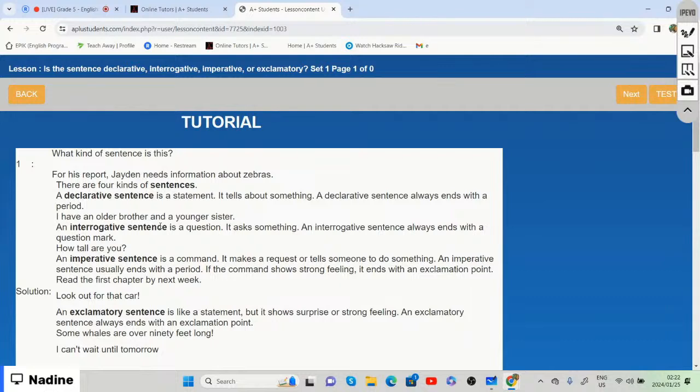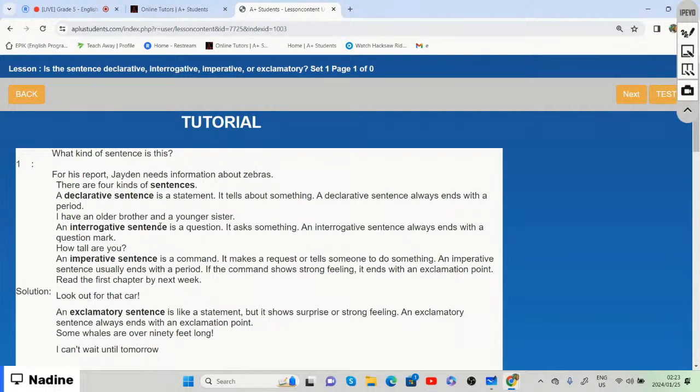And we see the declarative sentence is a statement and it tells you about something and it ends with a period, always. And then we have an interrogative sentence, which is like a question sentence.